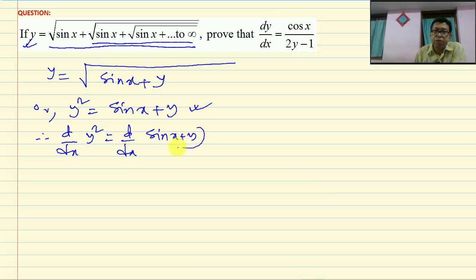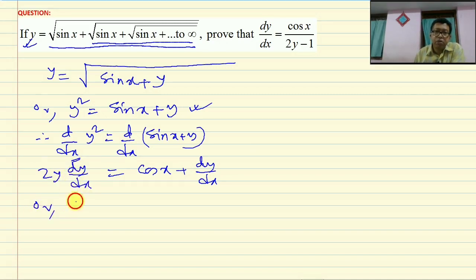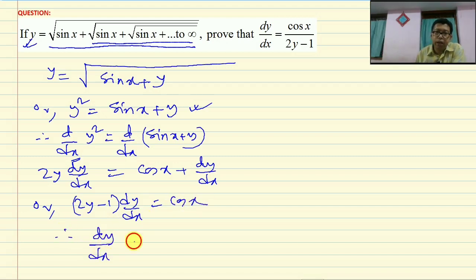You know the derivative of sin x is cos x, and plus dy/dx. On the left, since you are differentiating y square with respect to x, this will be 2y dy/dx. Taking dy/dx common, we get (2y minus 1) dy/dx equal to cos x, so dy/dx is equal to cos x divided by 2y minus 1. That is your proof.